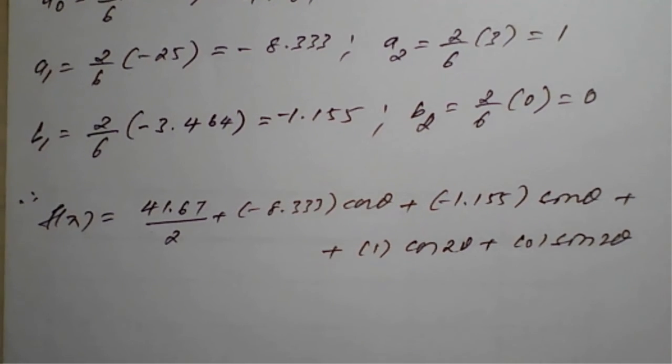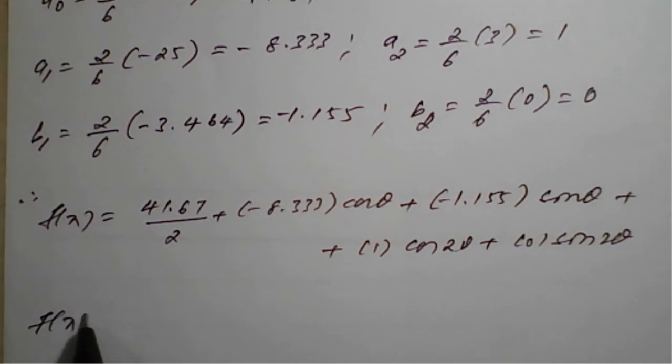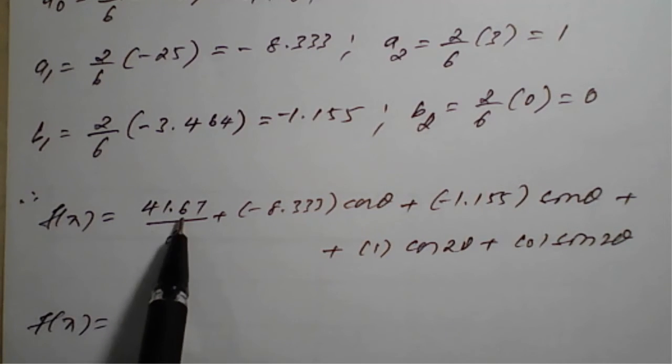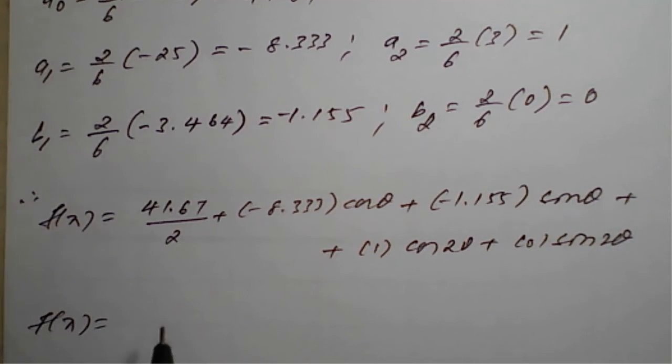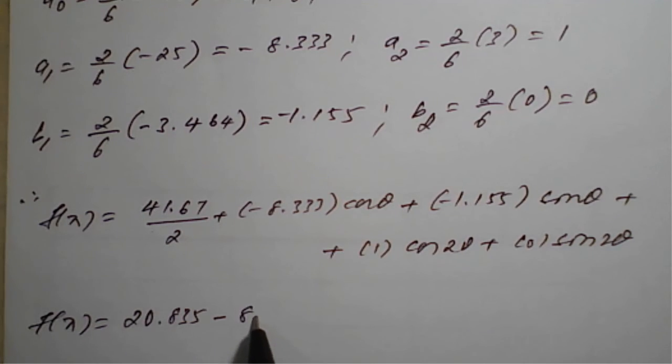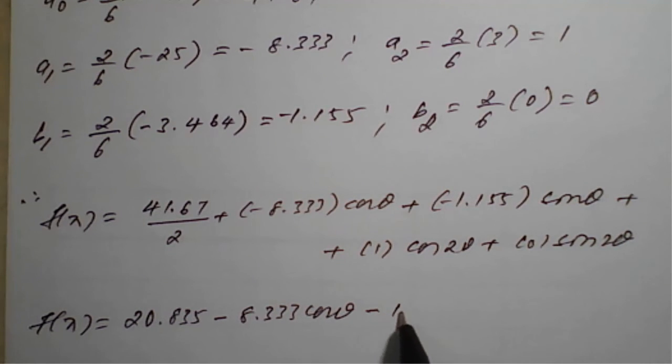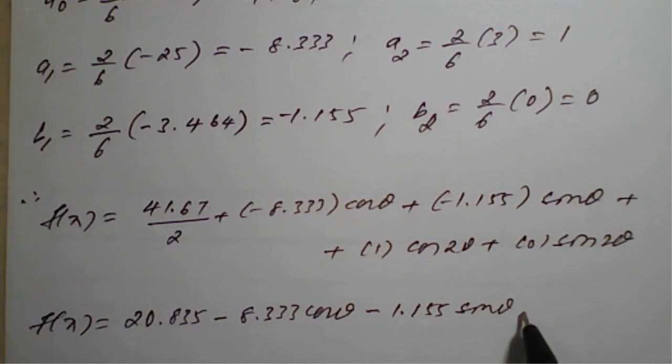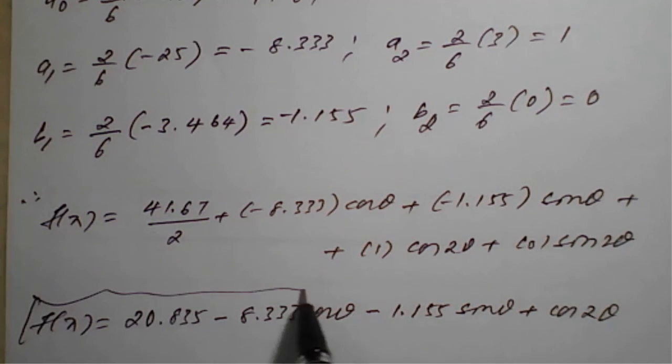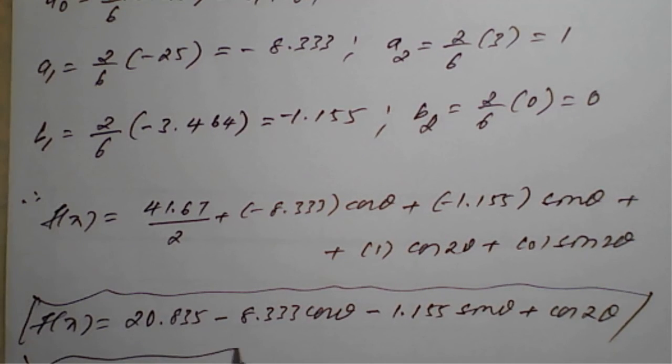On final rearrangement and simplification, f of x is equal to 20.835 minus 8.333 cos theta minus 1.155 sin theta plus cos 2 theta. So this is the required first two harmonics.